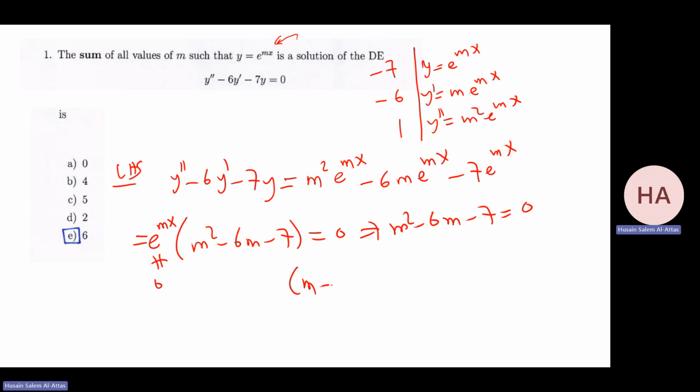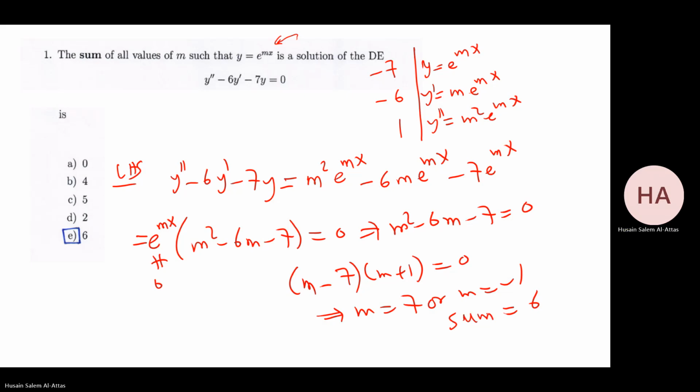So I have m minus 7, m plus 1 equal to 0. He wants the sum. So I have m equal 7 or m equal minus 1, so the sum will be 7 minus 1, which is 6.